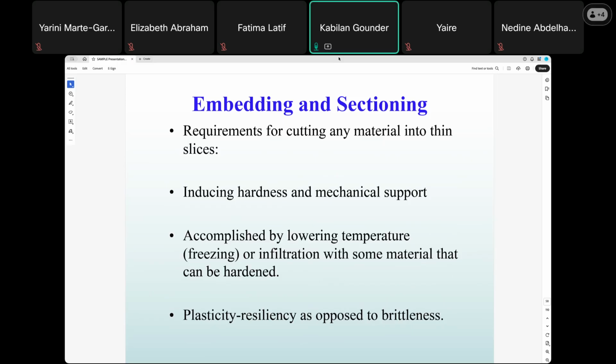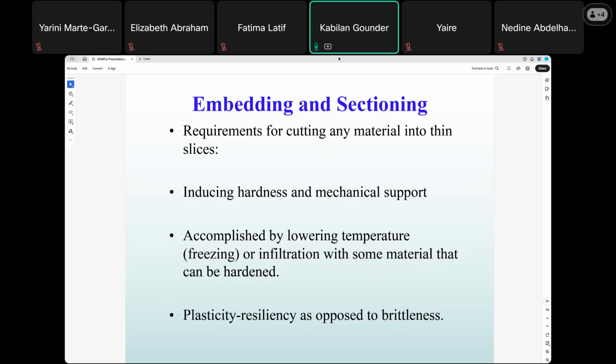The requirements for cutting any material into thin slices include inducing hardness and mechanical support when we use the paraffin wax. This is also accomplished by lowering temperature or infiltration with some material that can be harder.